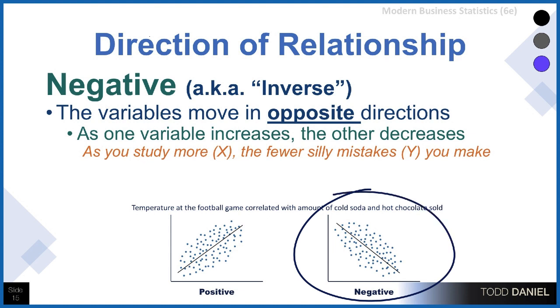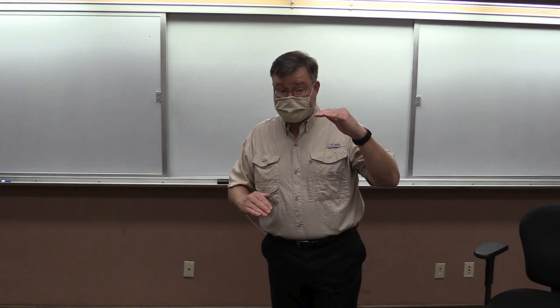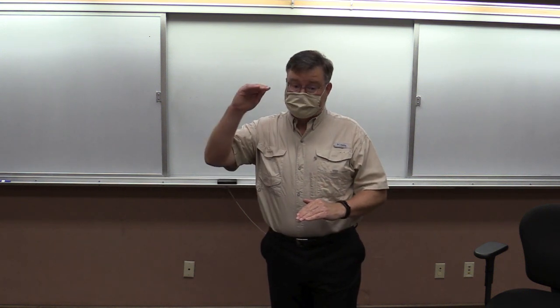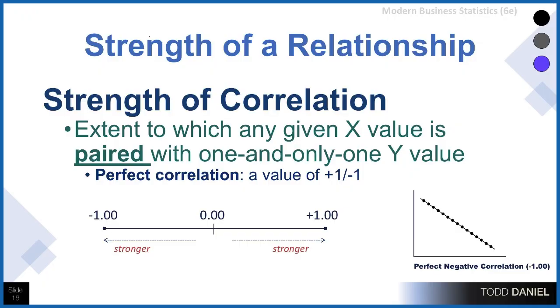A negative relationship, also called an inverse relationship, is when the variables move in opposite directions. This would be that example with the football game temperatures and how much hot chocolate we sell. As temperature is high, hot chocolate sales are low. As temperature drops and it gets cold, hot chocolate sales increase. They're moving opposite of one another.